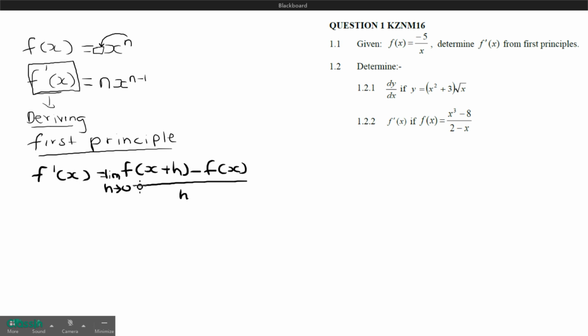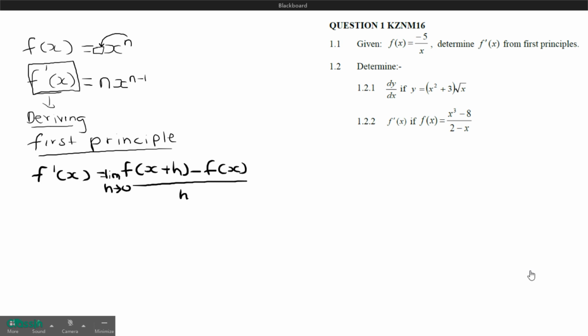Grade 12, you are going to get this formula from your formula sheet. If you check the formula itself, it has got f of x plus h and f of x.